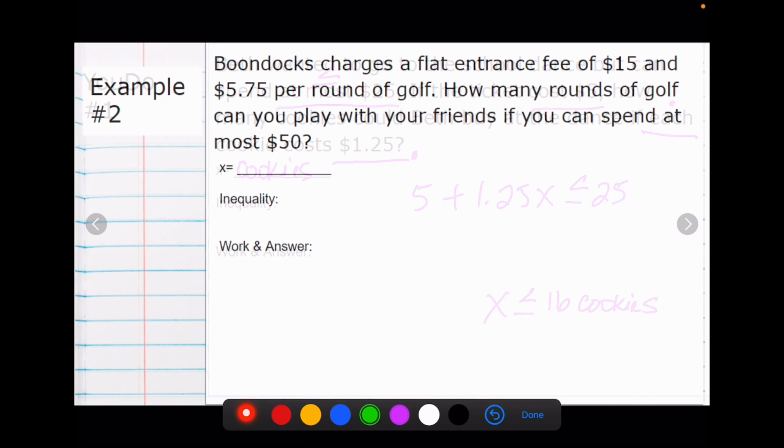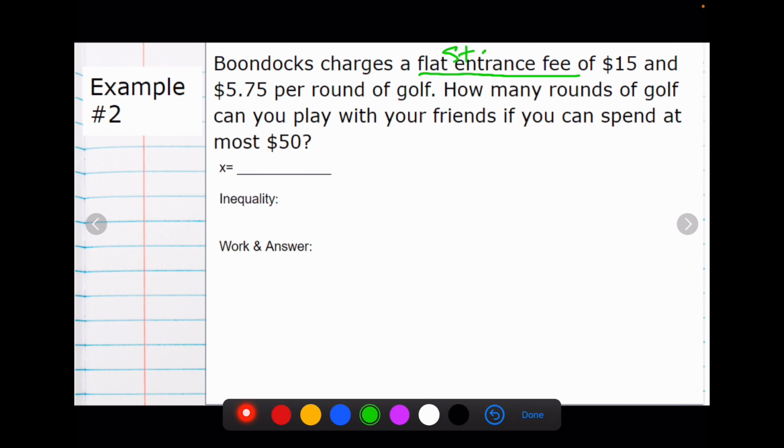Okay. So, looking at example 2, Boondocks charges a flat entrance fee of $15 and $5.75 per round of golf. How many rounds of golf can you play with your friends if you can spend at most $50? Okay, so they charge a flat fee, flat entrance fee. That is what you are starting off with.